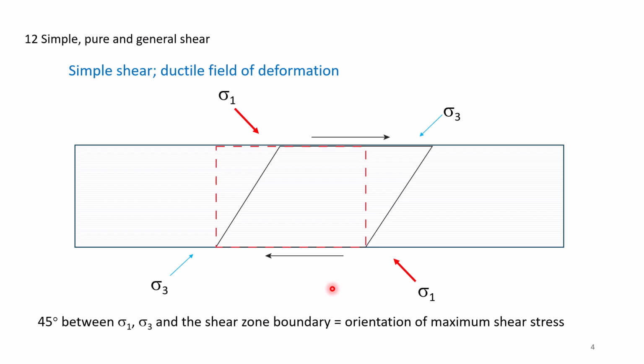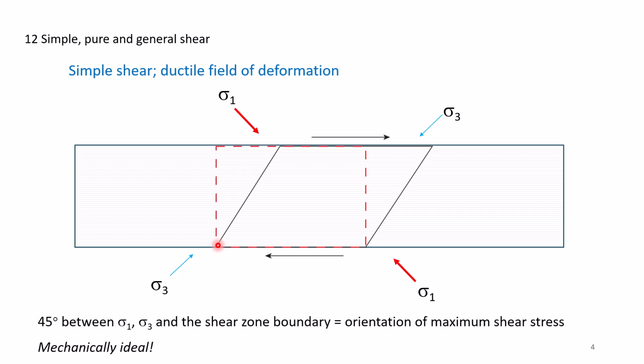This orientation is also the orientation in which the maximum shear stress can be resolved along the shear planes that we see. The displacement would take place along foliation planes, and we would have in this example a top to the right movement of deformation.